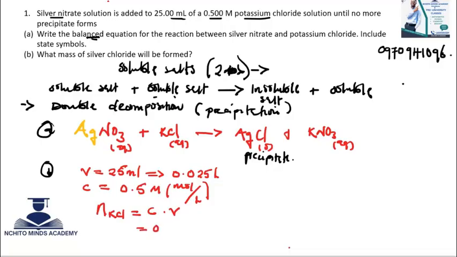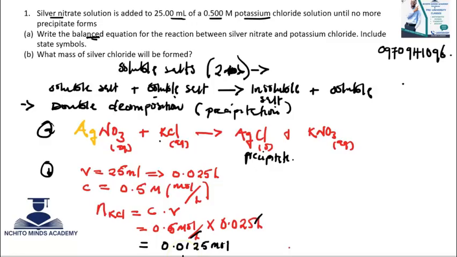The concentration is 0.5 mole per liter times the volume 0.025. Remember, whenever you are using this formula, the volume must be converted to liters or decimeter cubed. So we are going to have 0.0125 moles. The liters cancel out.